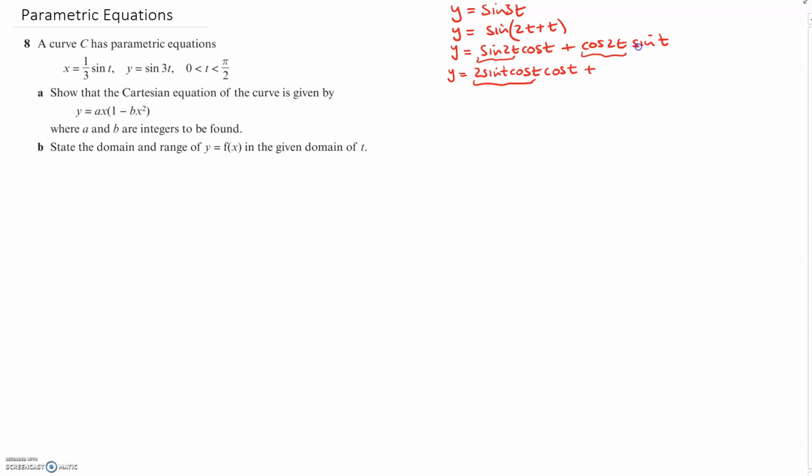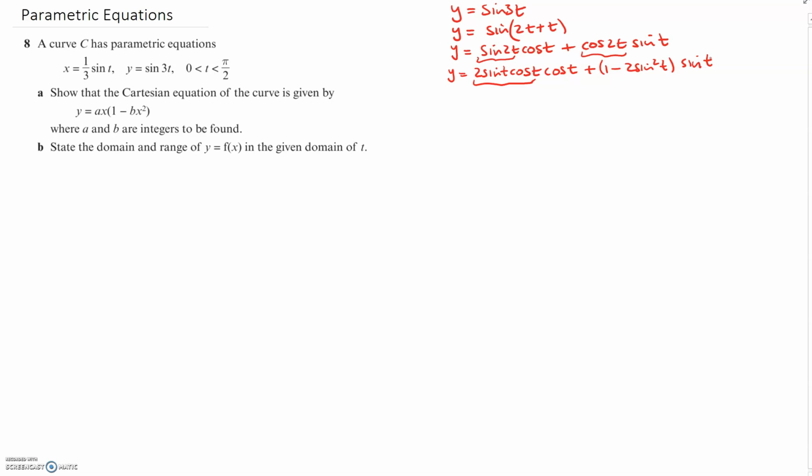And then I can consider what to use for the cos 2t bit. There are 3 different options for the cos double angle formula, and I probably want the one involving sine because I want to rewrite this all in terms of sine. So that's going to be 1 minus 2 sine squared t, times sine t.